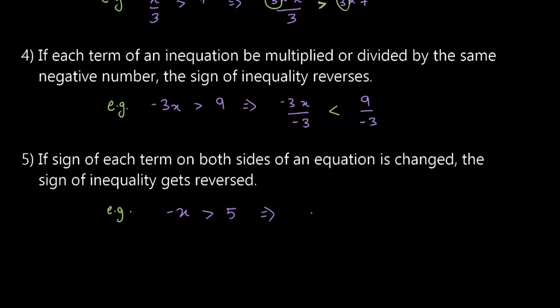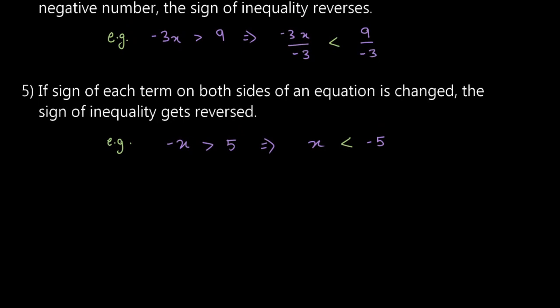Then what I'm doing is changing the sign of each term on both the sides of the inequation. So minus x will become plus x and 5 will become minus 5. Now since I've changed the sign of each term on both the sides, the inequality sign gets reversed. Opening to the left, now it's opening to the right. It's similar to the previous law that we just saw. We basically divided both the sides by minus 1 or multiplied both the sides by minus 1, and hence the inequation sign has changed. Right.